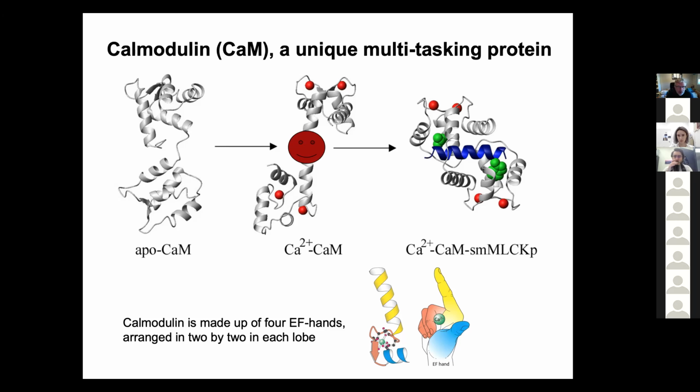So in solution, the two lobes of the protein are not rigidly held and fixed, but they're actually flexible, and they can take up whatever position they want with respect to each other. And that is one of the secrets why calmodulin is actually so good at activating so many different proteins, because it can take up all these different orientations.